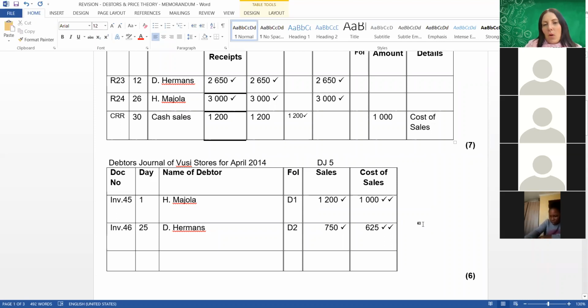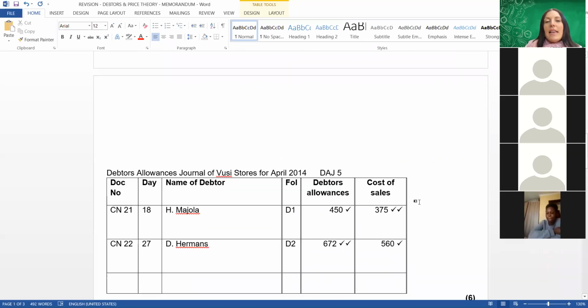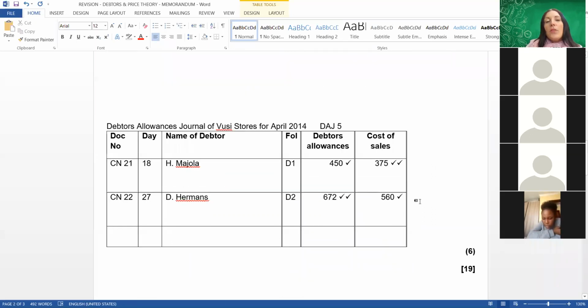Good, for 6 marks. Now, if we move on to the debtors allowances journal, this is all the transactions where the debtors returned stock to the business, for whatever reason. The 2 transactions that were supposed to be recorded here: on the 18th, H. Majola returned some of the goods bought by him, 450 Rand, and credit note 21 was issued to him.